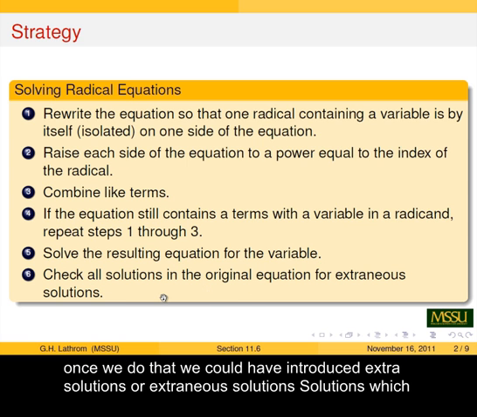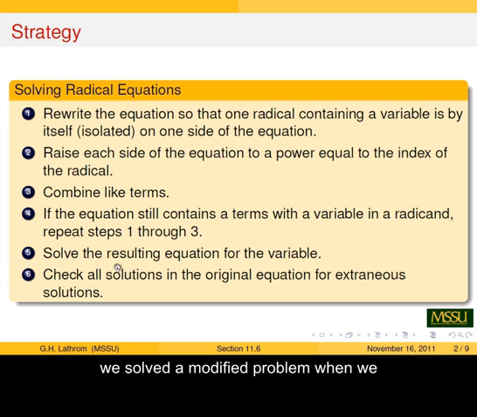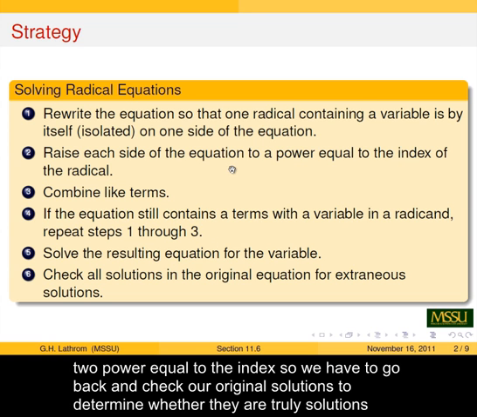Once we do that, we could have introduced extra solutions, or extraneous solutions, solutions which are not really solutions because we didn't solve the original problem, we solved the modified problem when we raised both sides to the power equal to the index. So we have to go back and check our original solutions to determine whether they are truly solutions.